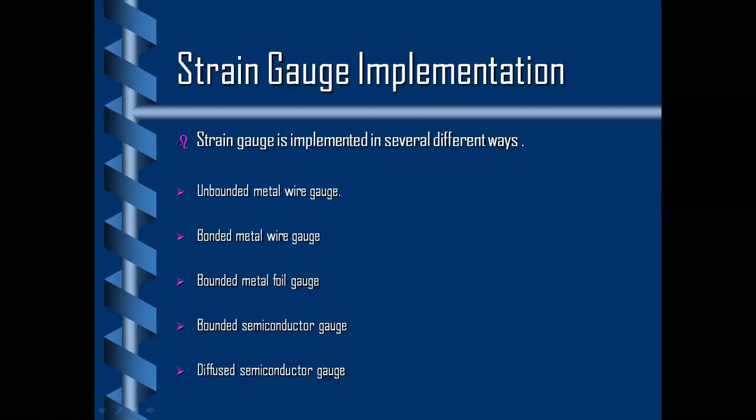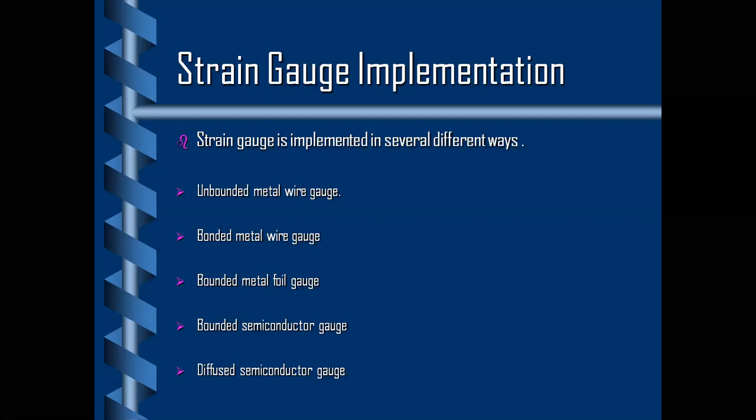Strain gauge implementation. Now, how to implement a strain gauge? There are several methods for implementation of the strain gauge. What are those methods? Unbounded metal wire gauge, bounded metal wire gauge, bounded metal foil gauge, bounded semiconductor gauge, diffuse semiconductor gauge.